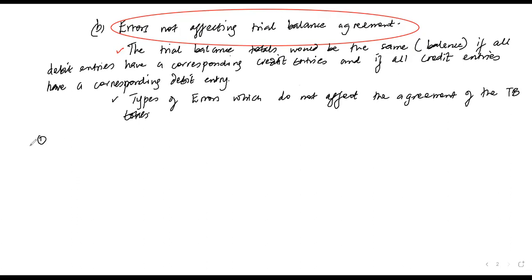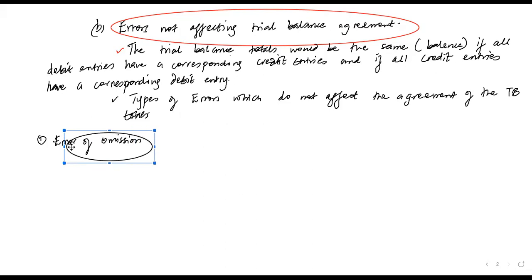Number one of these errors is error of omission. Now, when you talk about error of omission, you need to understand this very well.